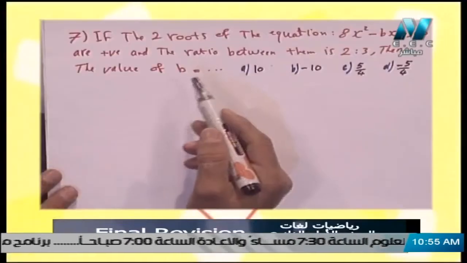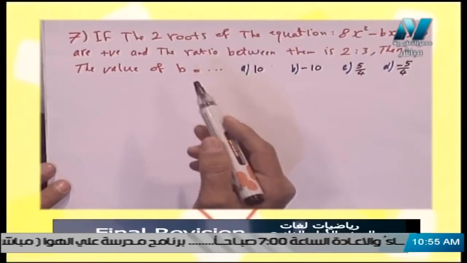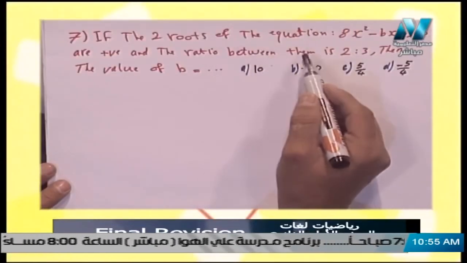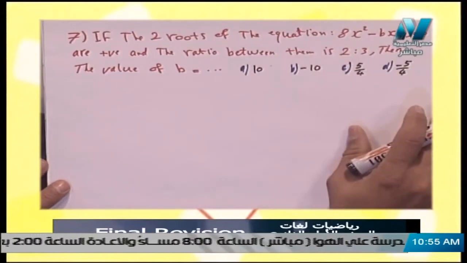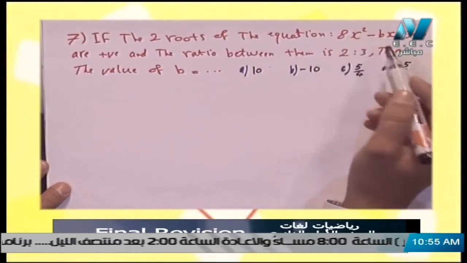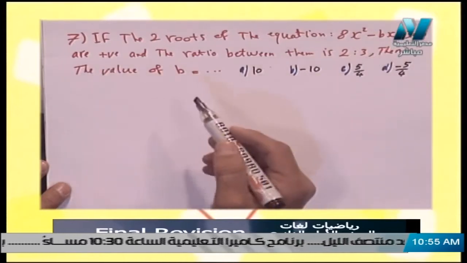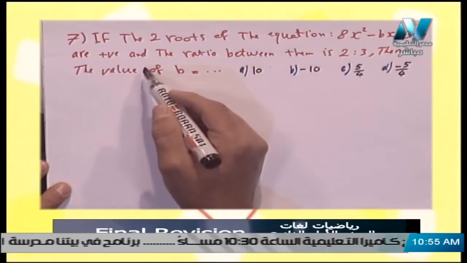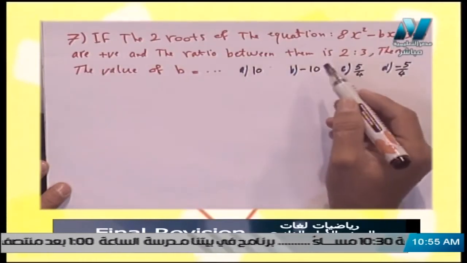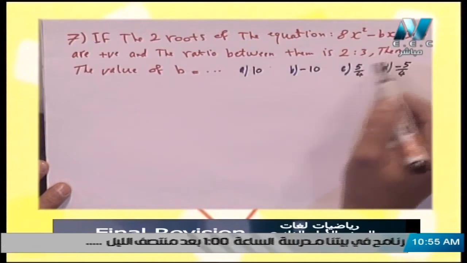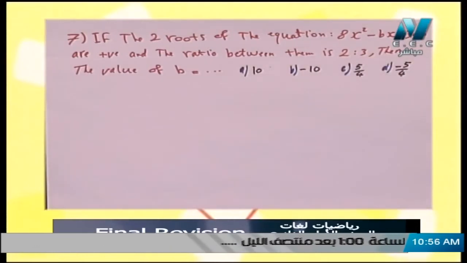We have now if the two roots of the equation 8x power 2 minus bx plus 3 equals 0 are positive, and the ratio between them is 2 to 3, then the value of b equals what?